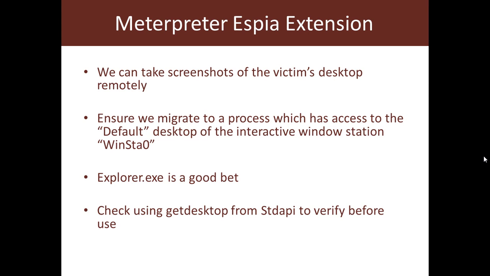Now what you need to ensure is that the process in which Meterpreter is running should have access to the default desktop of the interactive window station, which is WinSTA0, right? Now this is something we repeatedly told you simply because only in this case would we be able to access the victim's desktop, right?